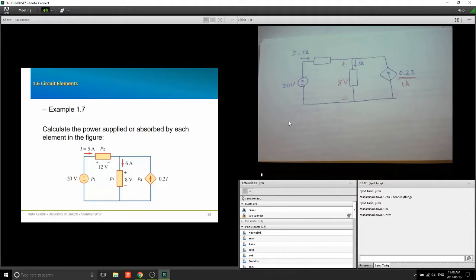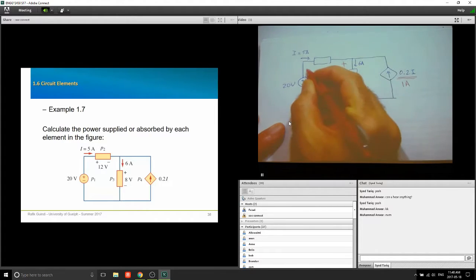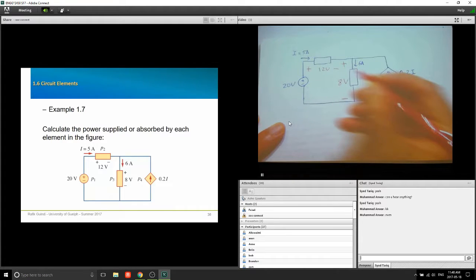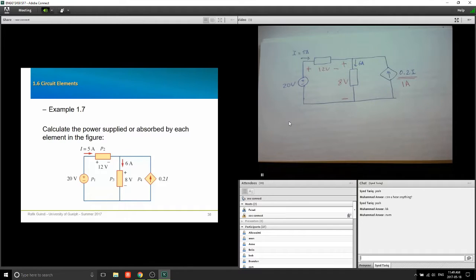And we want to find the power everywhere. Oh, we also have 12 volts across here. So to have the power, this one is element 1.